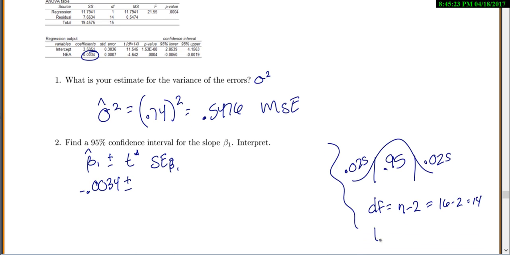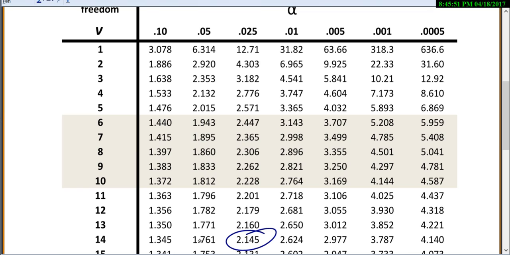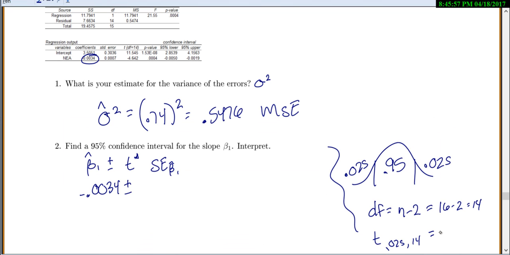So we need to go to the t table and we need to find out which t critical point has 0.025 area to the right and 14 degrees of freedom. So looking at my t table, 14 degrees of freedom, 0.025 area to the right, looks like we're at 2.145. So my critical point is 2.145.